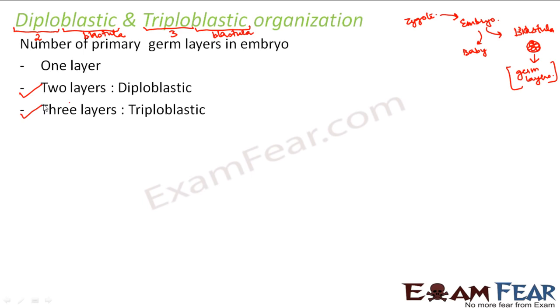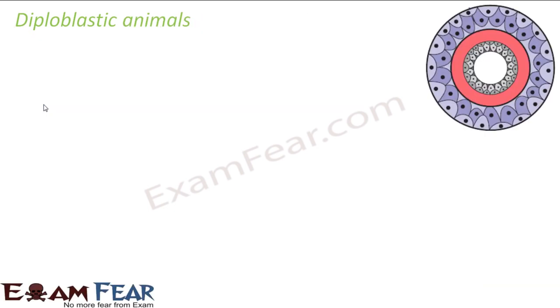So not only the external organs like skin and hair, but also the internal organs like the digestive tract. So you understand the significance of the germ layers. We are not studying embryonic development in detail now, but when you study that part in detail, you will get to know more about blastula. So now you know why it is known as diploblastic and why it is known as triploblastic.